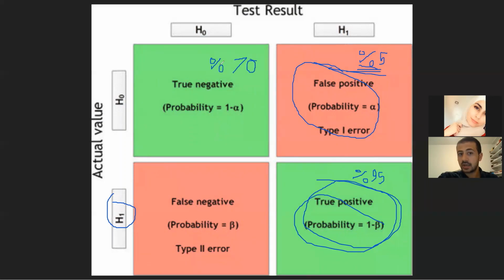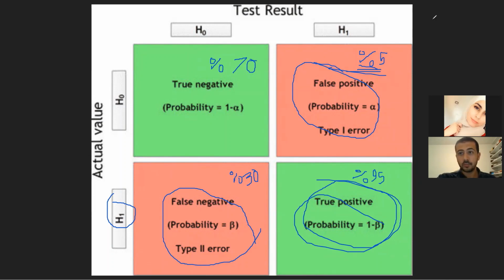But I still have a 30% chance that my group is different, but I'm not detecting it.